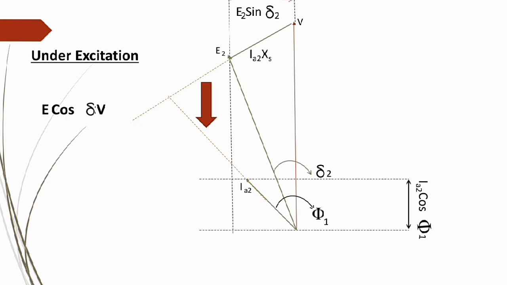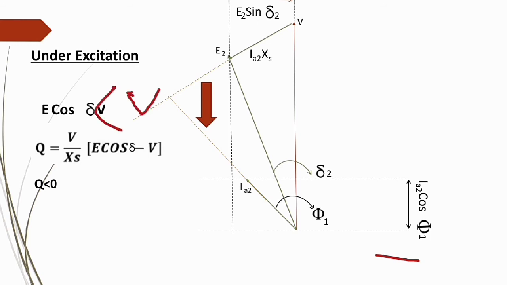Now we look at the value of Q. Because we are in the under excitation condition, the value of E cos del is smaller than V, the terminal voltage. So E cos del is smaller than V. In that case the value of Q will be negative.